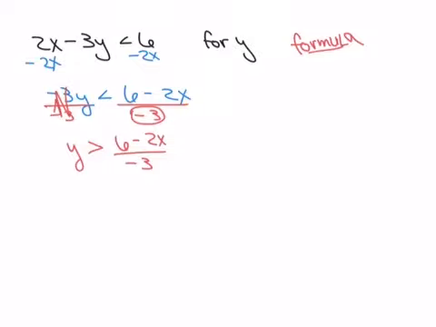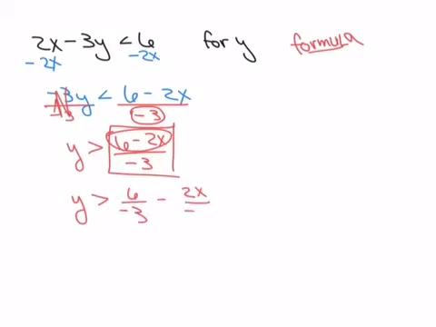Now what we're going to do, and we did this earlier, but I'm going to remind you, we're going to split this up into two fractions. This whole thing is over negative 3. The 6 is over negative 3, and the 2x is over negative 3.